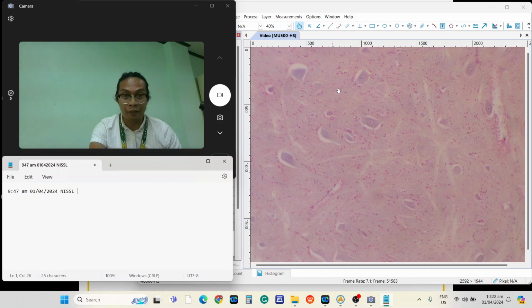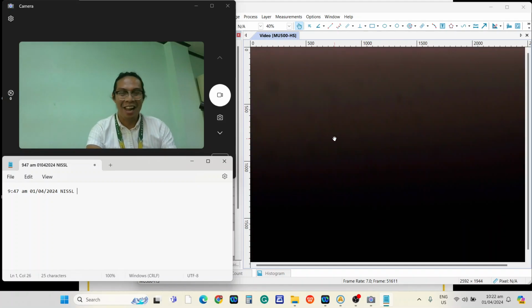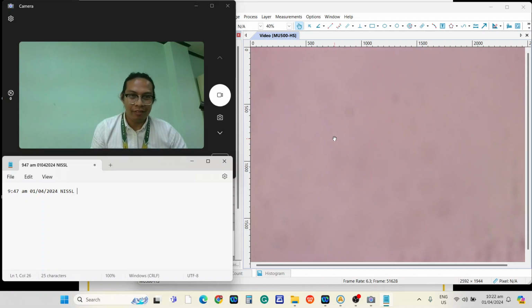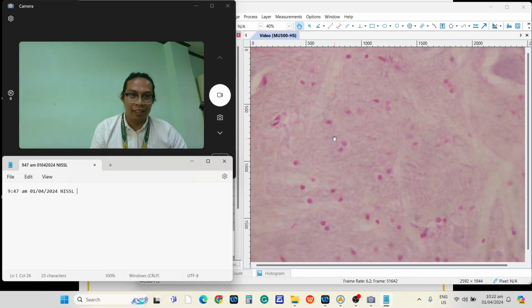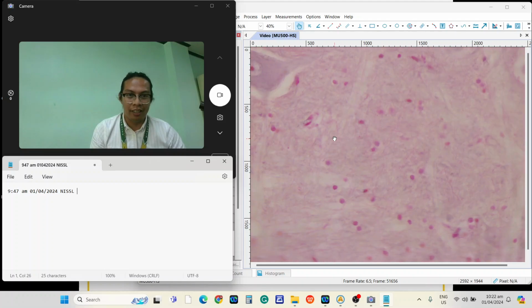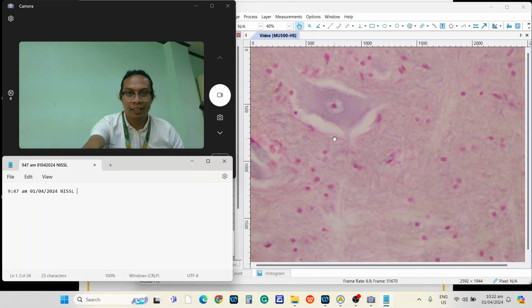Baka kung ano pang tingnan ninyo. Yan yung mga neurons na nasa ventral horns. Okay? As you can see, it is multipolar. May mga dendrites and meron siyang axon. Okay? So, that is the ventral horn.